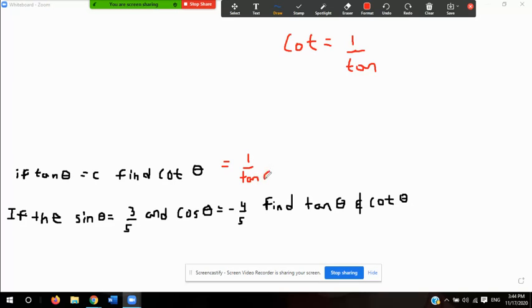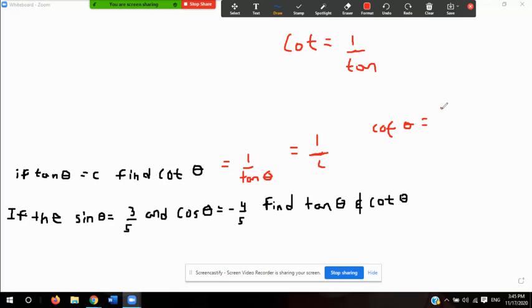What the problem is telling us is that the tangent of theta equals c. So we simply change the value of the tangent of theta to c, and that means the cotangent of theta in this case equals 1 over c, and it's a variable.